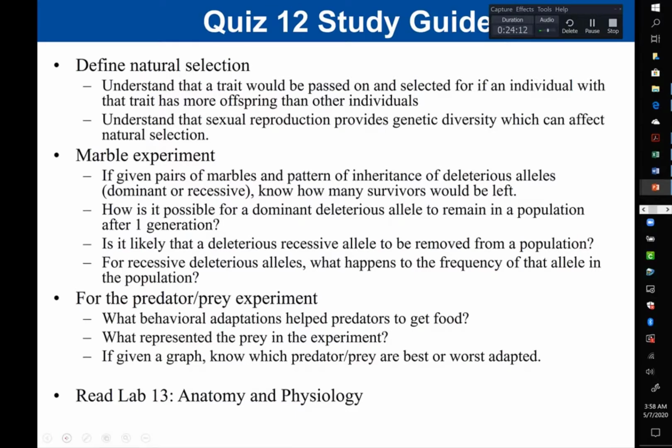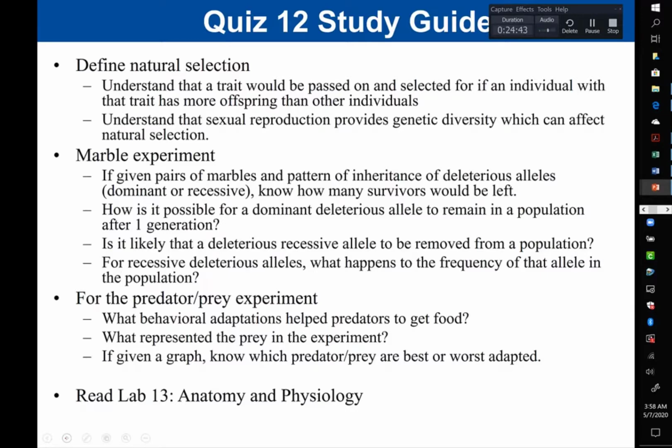So for natural selection, you want to define natural selection. You want to understand that a trait would be passed on and selected for if an individual with that trait has more offspring than other individuals. So when you think of natural selection, it's not simply just survival of the fittest. That's not entirely correct, because it's not only survival, but differential reproductive success.